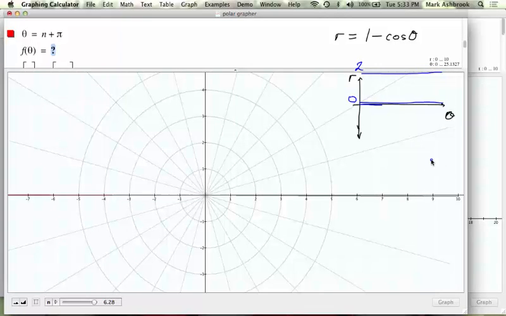Okay? What's the period of this going to be? How much theta do you need for this to start repeating? It's just cosine theta, so 2 pi. Okay, where's the midline going to be? Where's our midline? 1.